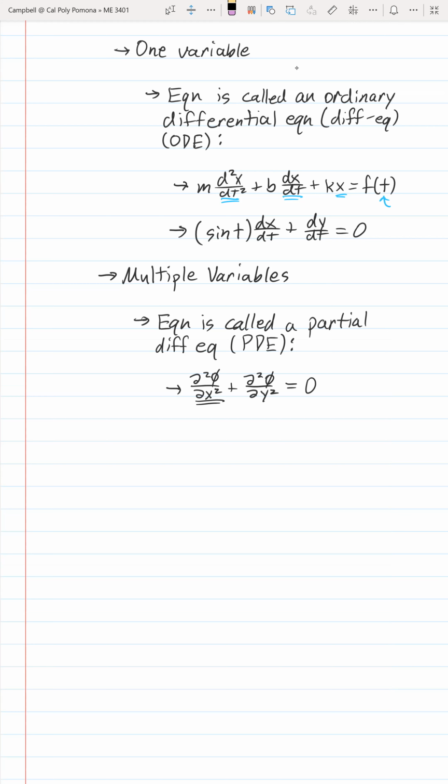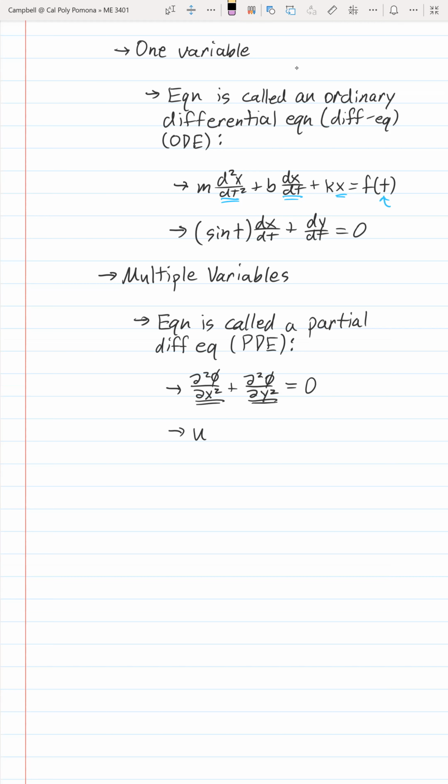Here we're dealing with spatial parameters, x and y. And if you are familiar with fluid mechanics, you will recognize this partial differential equation as the two-dimensional potential flow equation. But clearly it's a partial differential equation because we're taking the derivative of phi with respect to both x and y.